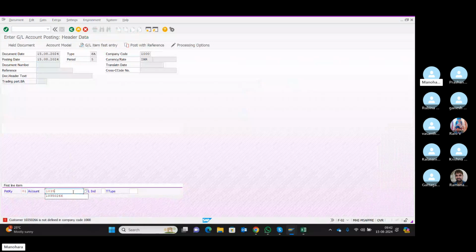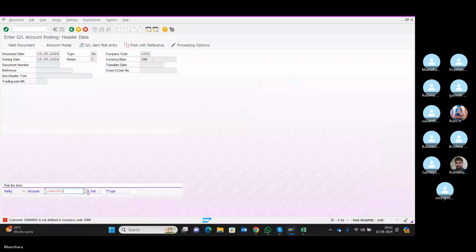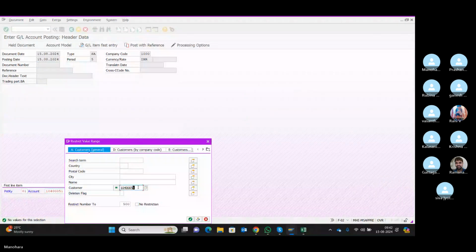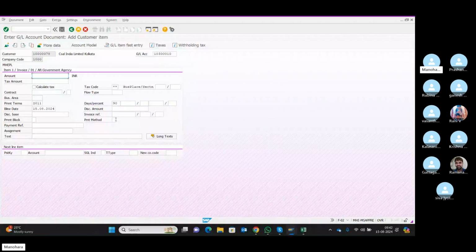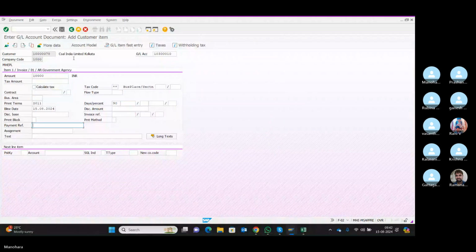I didn't fill this mandatory field. So he is posting one document. You know this, right? This is F-02.